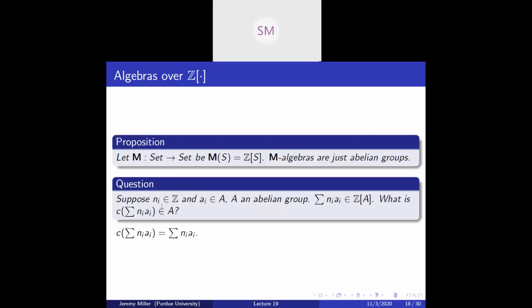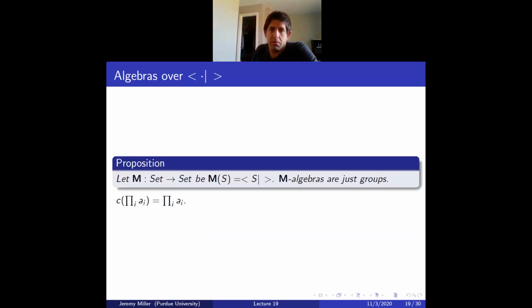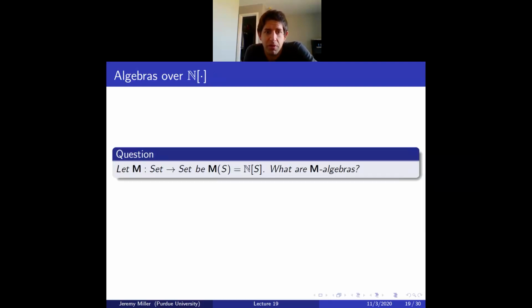It's hard to write down in formulas, but here I'm thinking of this as a formal sum, and here I'm thinking of this as just an actual sum. Use that it's an abelian group: add a to itself n_i times, and then add all those up as i varies. Yeah, and algebras over the free group functor are just groups.